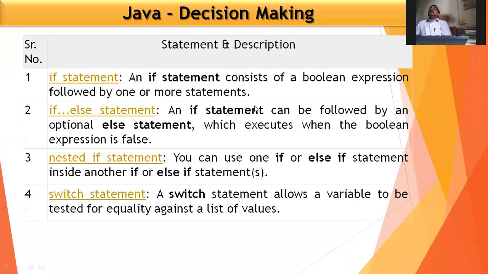We know that decision making in C considers the if statement, a very simple example, the simple if statement. While programming, we need to take a decision about which way we have to move to the next statements and how control flows from one statement to another.